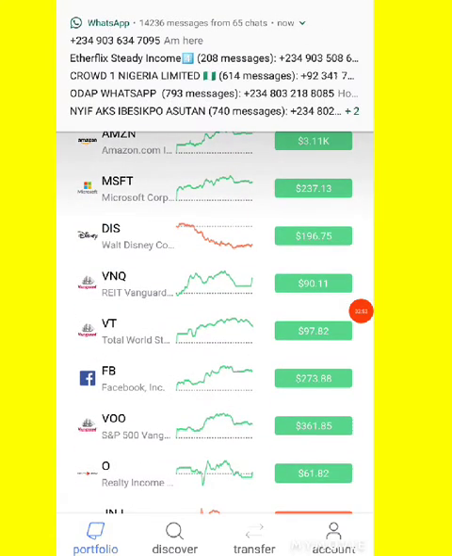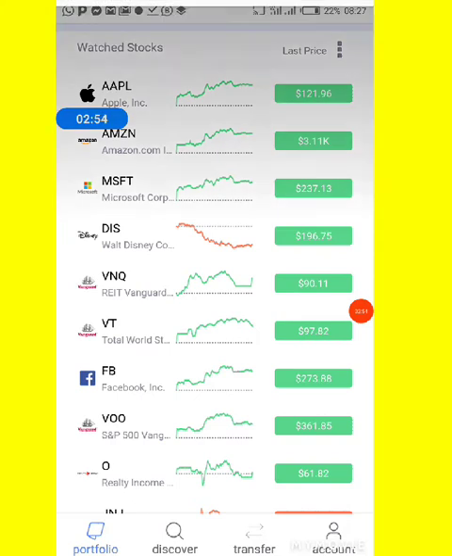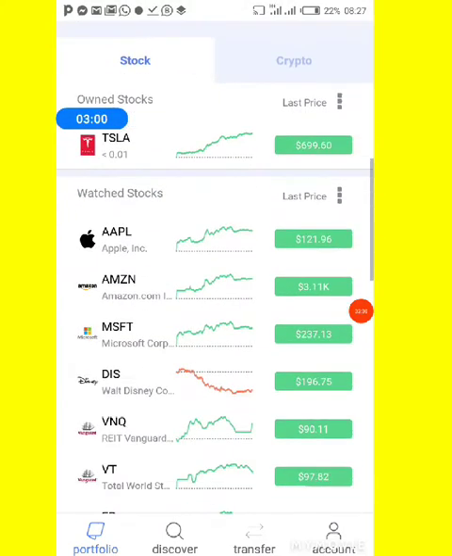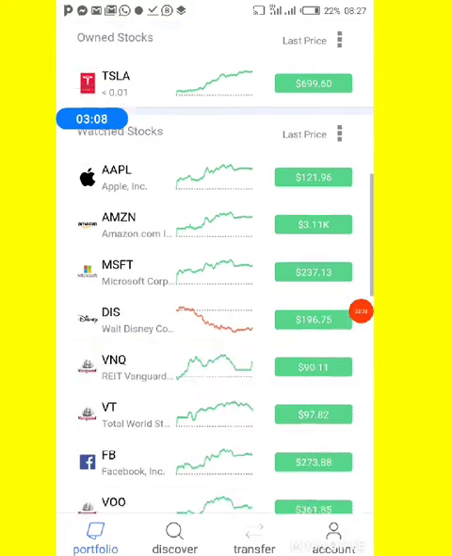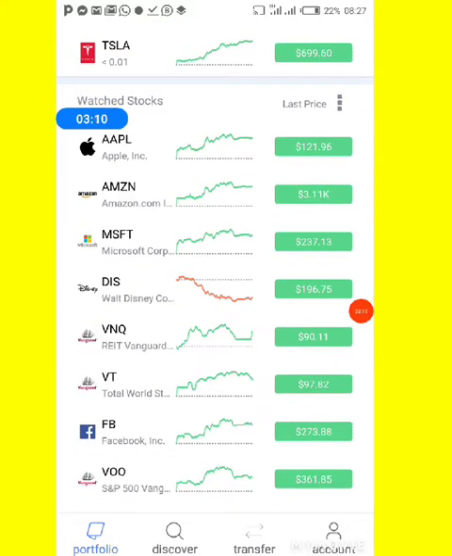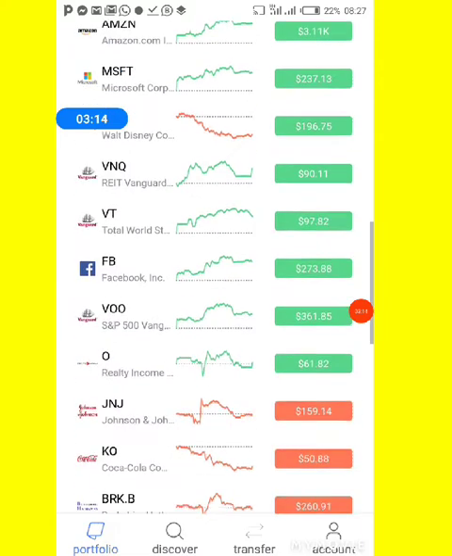What do I call watch list? The watch list is what you see here as I just log in: the Apple, the Amazon, the Microsoft, the Disney, and the rest. That's what I call watch list, because once you log in, they are already listed here for you to see.